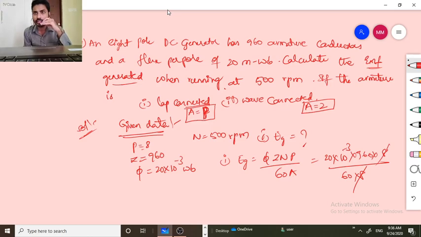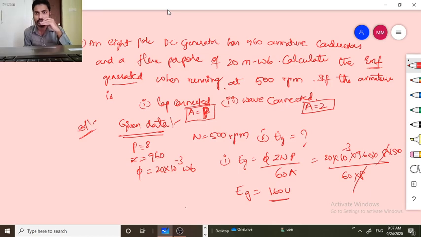Here we left out the speed, so when you include the speed and calculate, you get the EG value as 160. Then this first part is completed, and we'll do it again by replacing A with 2.